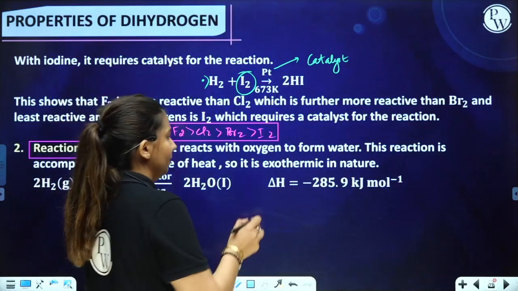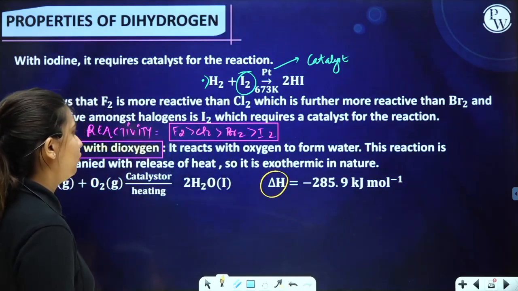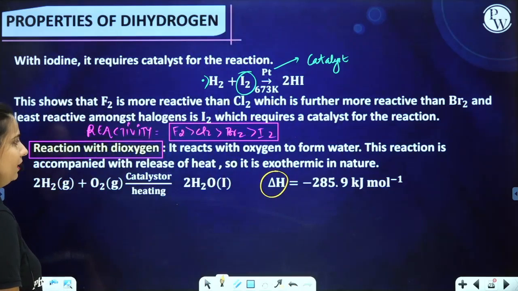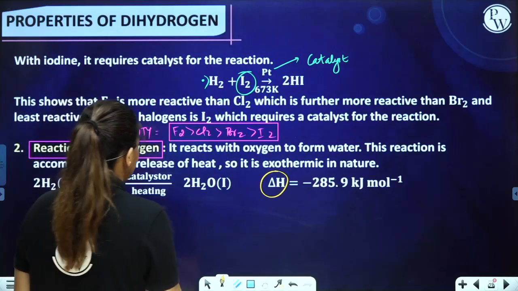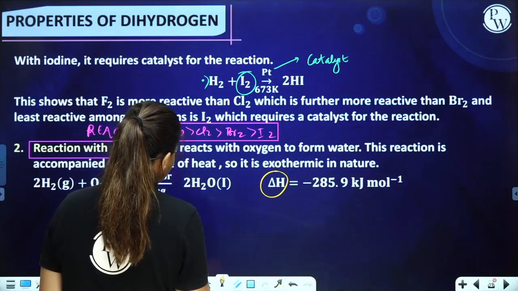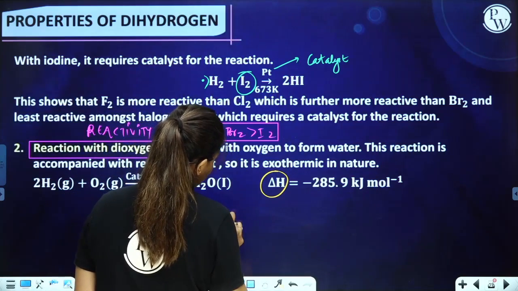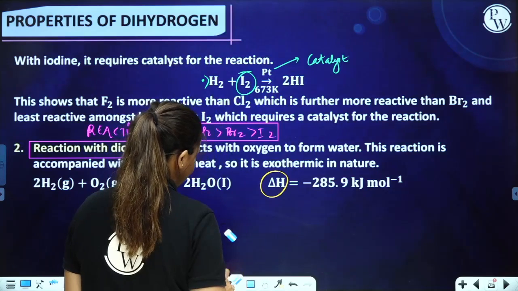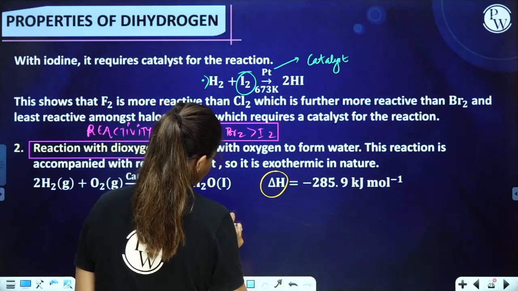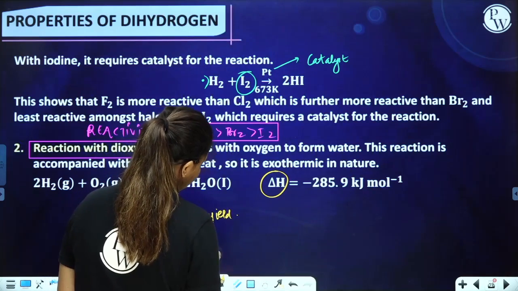You can simply see that the reaction is exothermic. It reacts with dioxygen to form water. This reaction is accompanied with the release of heat, so it is considered an exothermic reaction. If you want to increase the yield, temperature should be low.